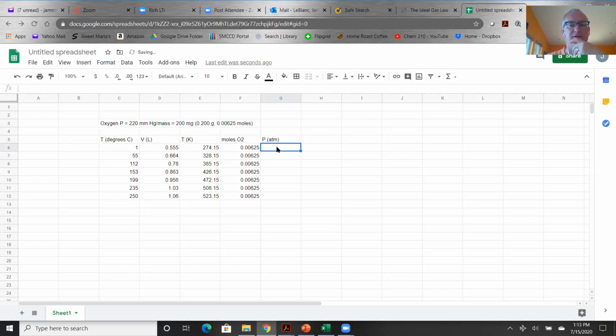So how many atmospheres have I got? Well, basically, what unit am I starting with? I'm starting with 220 millimeters of mercury. How am I going to convert that to atmospheres? How many millimeters of mercury in 1 atmosphere?